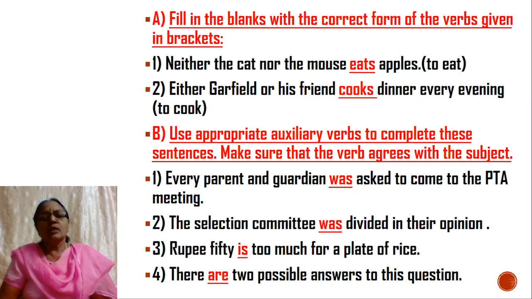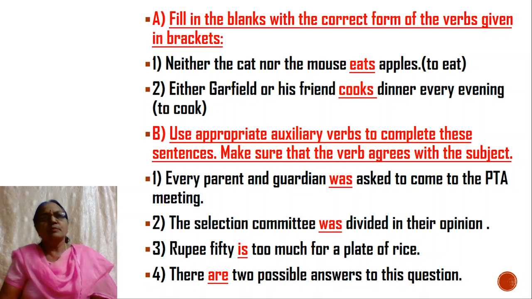Now here we have various questions based on agreement of the subject with the verb. What is this agreement of the subject with the verb? Now, in this, we find the verb agrees with the subject both in person and number. For example, if the subject is singular, it requires a singular verb.